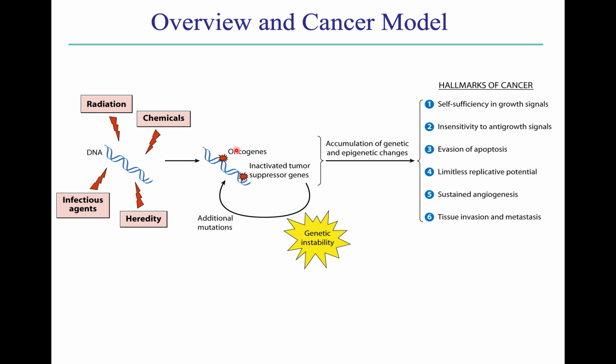As those things begin to accumulate, we can also throw in epigenetic changes, right, changes in methylation patterns. But collectively, all of these things are going to lead to some of those key hallmarks of cancer that we talked about. I won't go through them all again, but hopefully that's bringing together some of the varied ideas that we've had in the textbook up to this point.